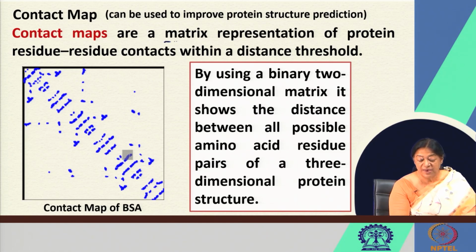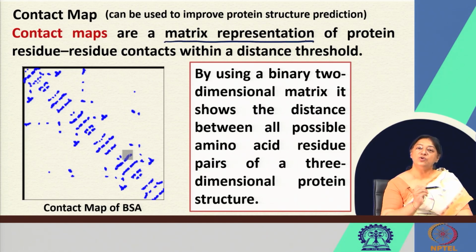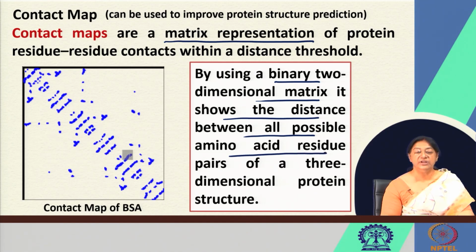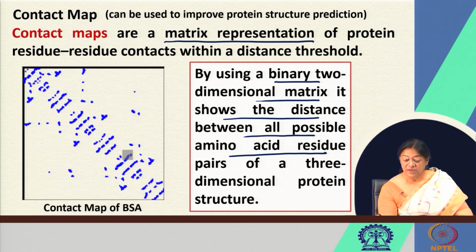So, what we have is a matrix representation. Where do we get this matrix representation from? We have a binary two-dimensional matrix that shows the distance between all possible amino acid residue pairs of a three-dimensional protein structure. We have the C alpha of residue i and the C alpha of residue j.